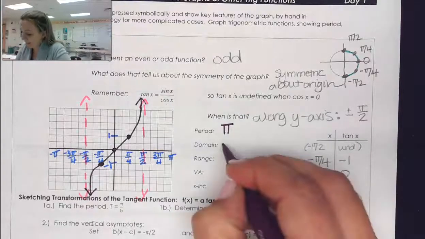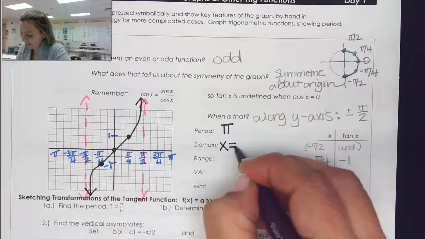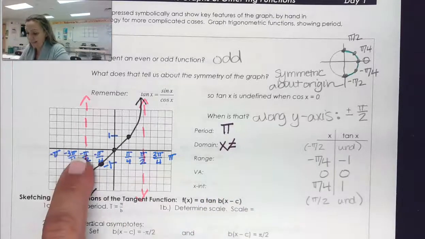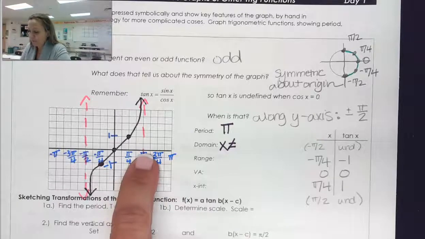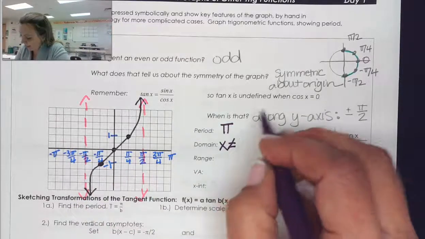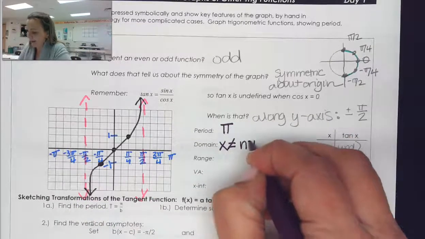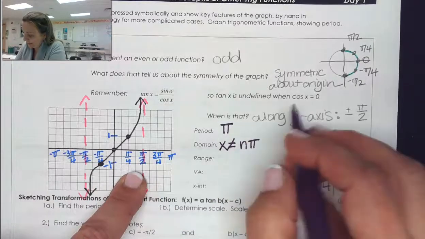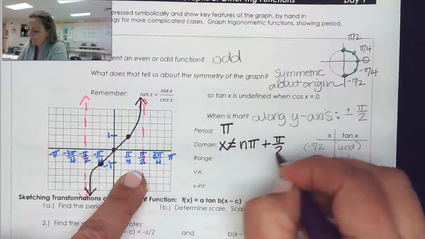The domain of the tangent function in general is that x cannot equal anything that we have on the asymptotes. Notice that the asymptotes occur every pi units. But the first asymptote is at pi over 2.